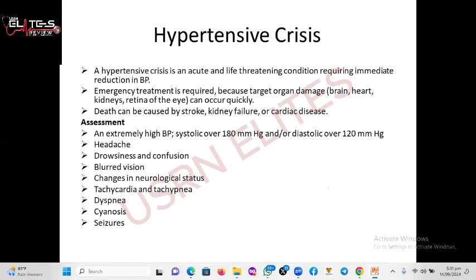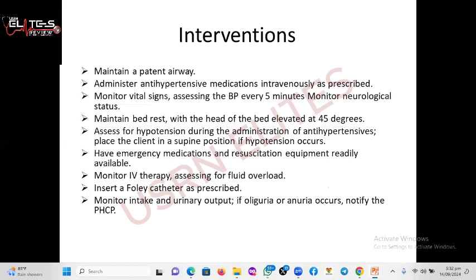You have headache, drowsiness, blurred vision, and other neurological changes, confusion, tachycardia, tachypnea. They have dyspnea, then you could have cyanosis, and then seizure could also occur. So when you are managing someone with hypertensive crisis, you need to institute seizure precautions. In case there is seizure, you have to manage the seizure as well.